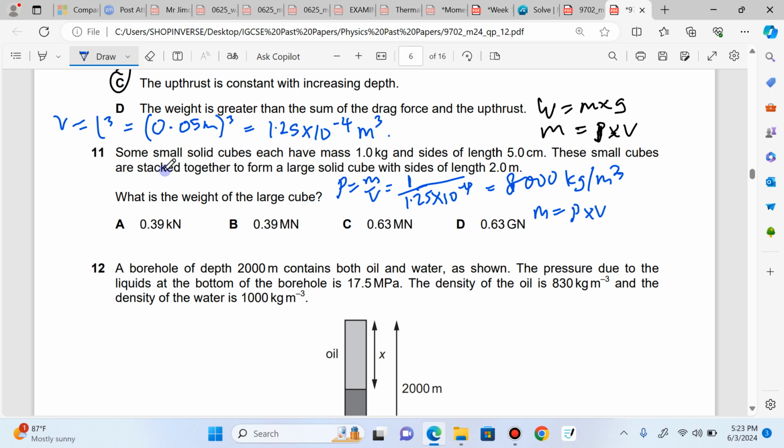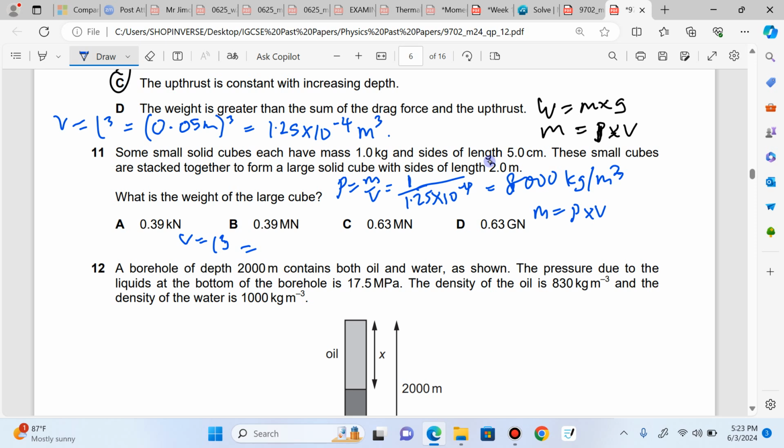Now, those small cubes were stacked together to form a large solid cube of this side. If this is the side and it is a cube, how do I get the volume? The bigger one has a volume of length raised to power 3.